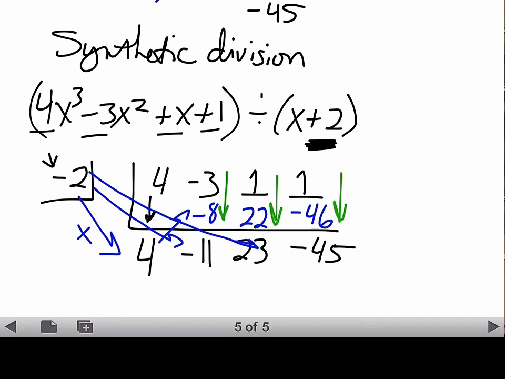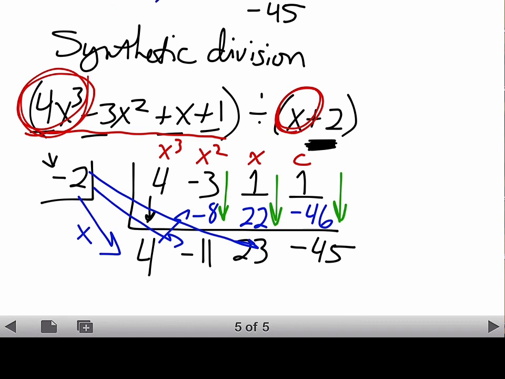Now, in the original polynomial, the 4 was the coefficient of an x cubed term. The negative 3, x squared. 1 was the linear term x. And that last one was the constant. Now, if I divide an x cubed by an x, my result is going to be x squared. Writing down the other terms as they seem fit, x, constant, and then that last guy, remember, is the remainder.